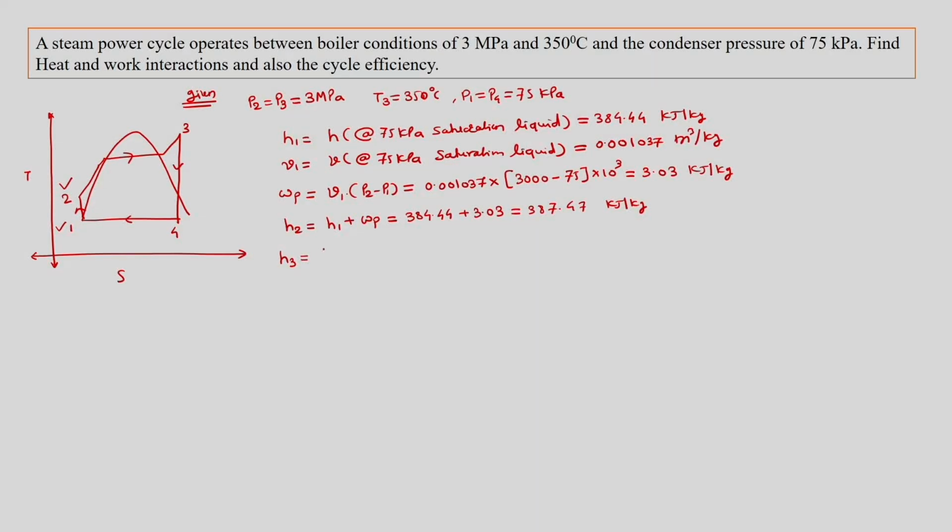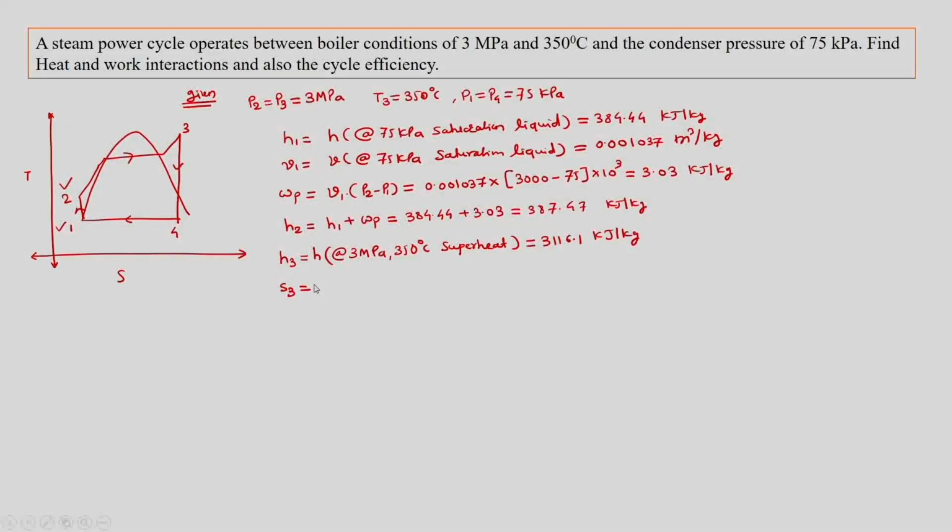That is why for H3 we are seeing in the steam table at 3 megapascal and 350 degrees Celsius superheat for enthalpy, and this gives us the value of enthalpy as 3116.1 kilojoule per kg.